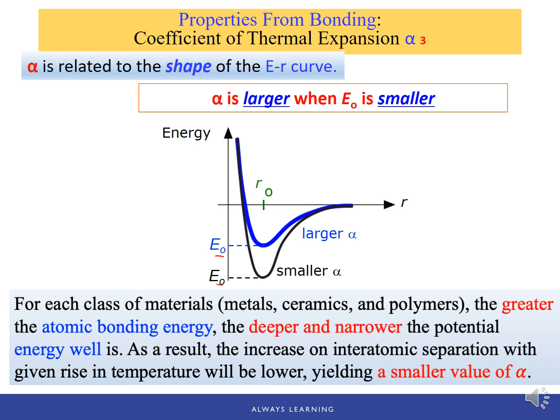That means alpha is smaller. So instead of checking the shape of the curve, we can just use this conclusion, just check the E0 value, the bonding energy. The smaller the bonding energy, the larger the coefficient of thermal expansion.